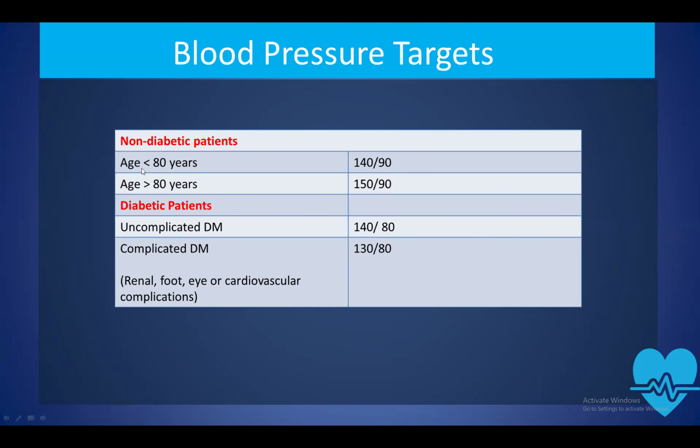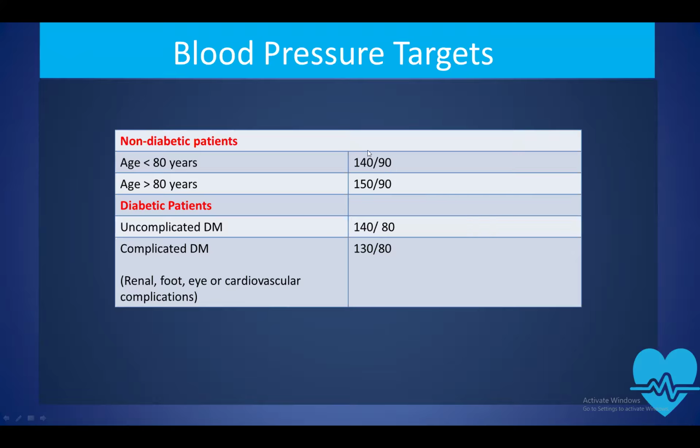In non-diabetic patients, the blood pressure target depends upon age. If age is less than 80 years, then the blood pressure target is 140 by 90. And if age is more than 80 years, then the blood pressure target is 150 by 90.